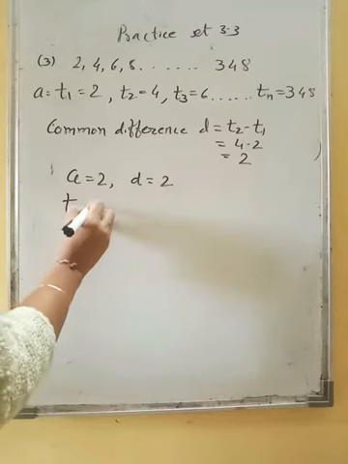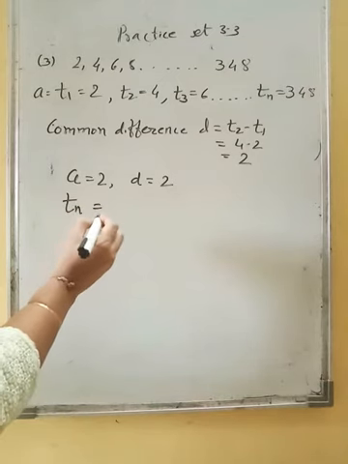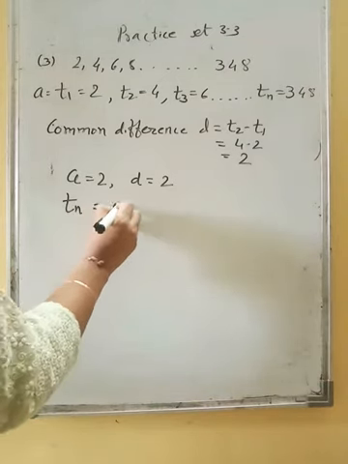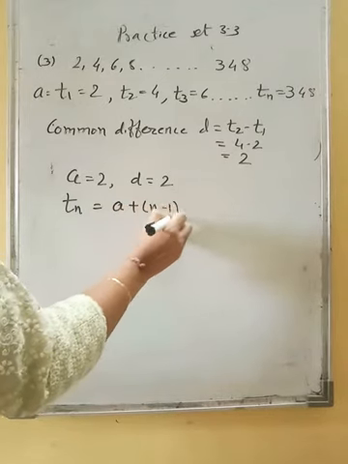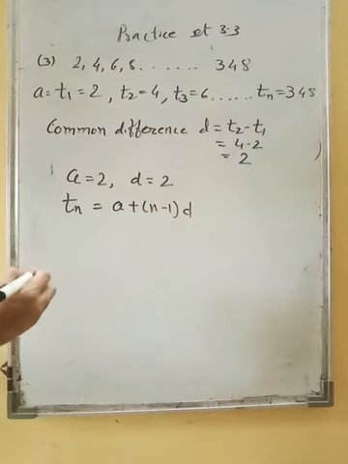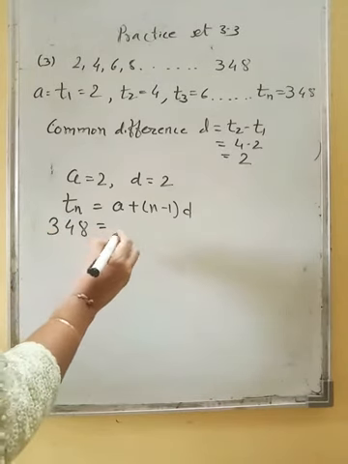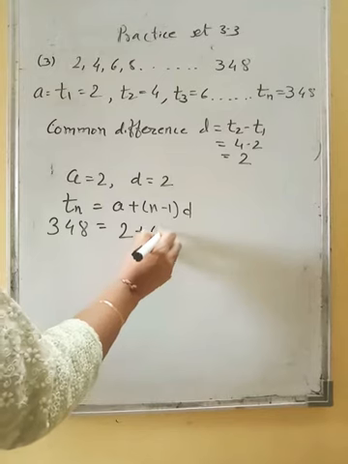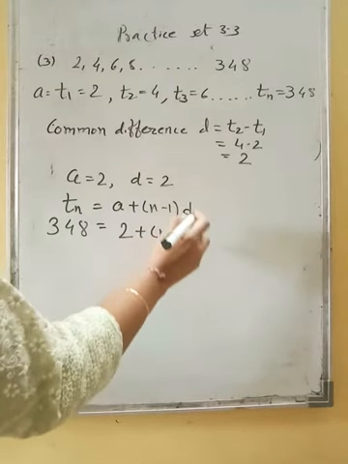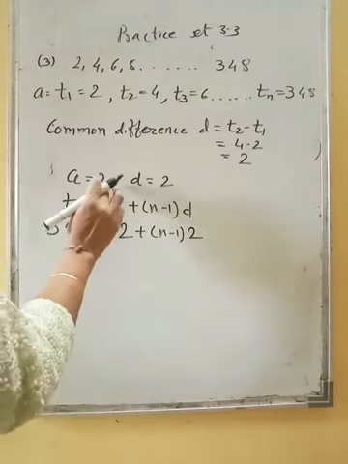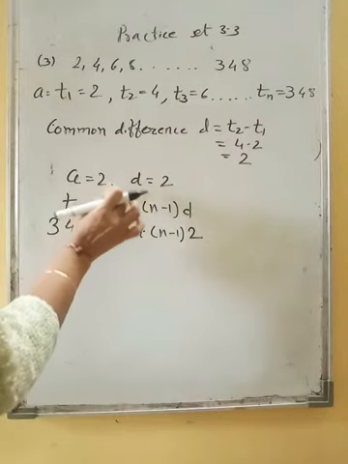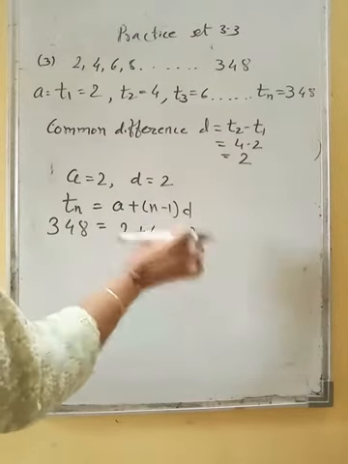Tn is given, so I can find n from it. So let us use the formula: Tn is equal to A plus n minus 1 into D. So that means 348 is equal to 2 plus n minus 1 into 2. So I have substituted the value of Tn, A and D.